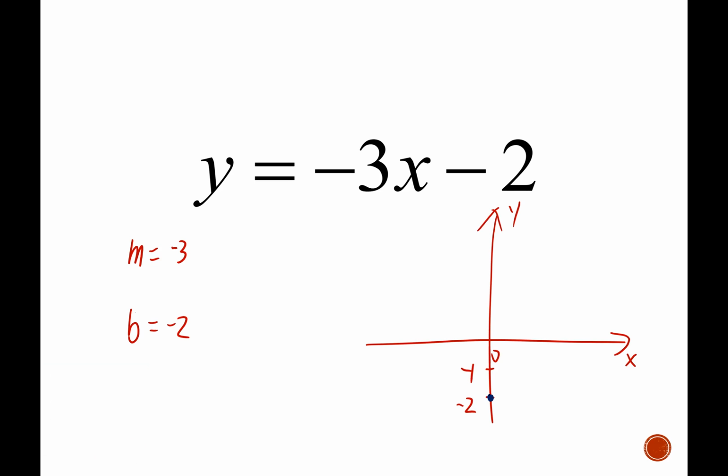Now we're gonna utilize the slope to generate another point on a Cartesian system. So here is -3/1. So this means go down 3 units, right? Down 3 and go to the right 1 unit.